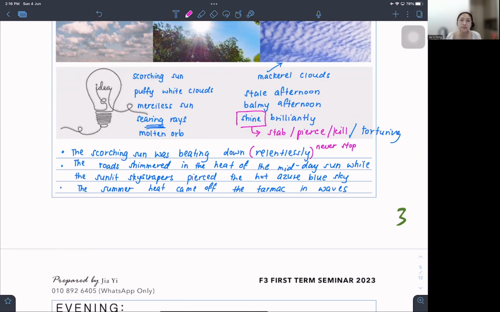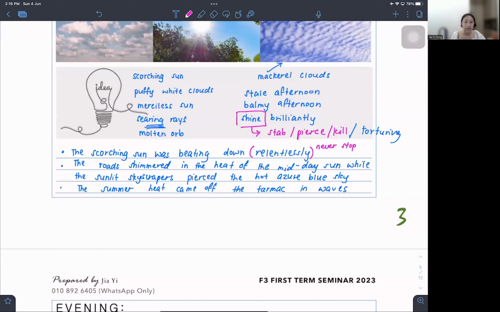Shimmer means like sparkling. Okay. Second sentence. Yes, Adrian, good one. The road shimmered in the heat of the midday sun. You know, sometimes when you walk on the road in the afternoon, it feels like there's sparkle coming up. So that's called shimmered in the heat of the midday sun.